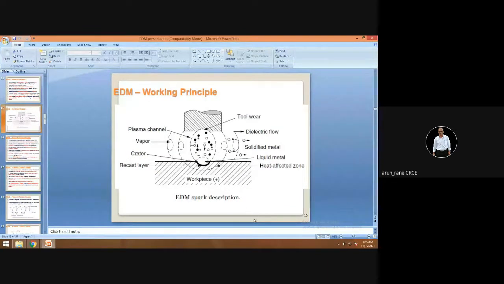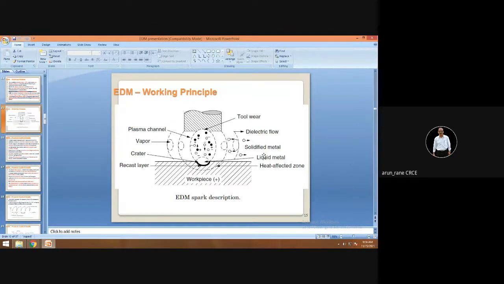We want more erosion at the workpiece. So that's why your tool is negative and the workpiece is positive. The electrons which are coming out of the tool are attracted to the workpiece which is positive, and it erodes the material.